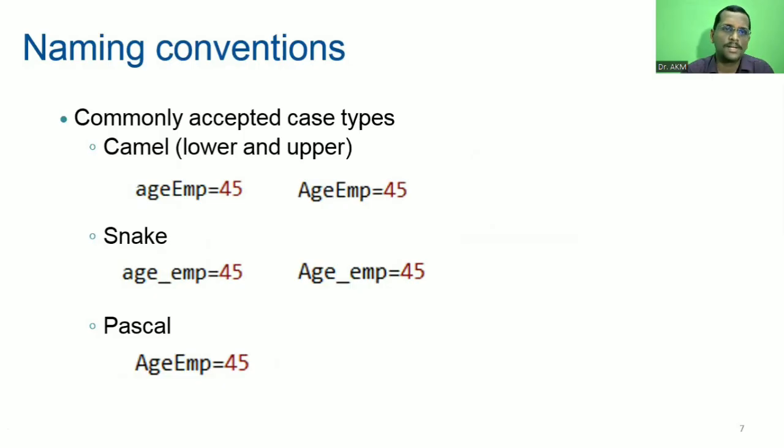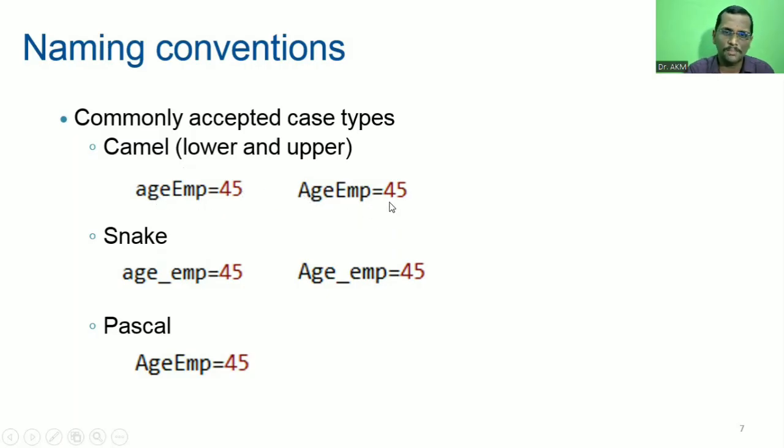Now some naming conventions. Commonly accepted case types are lowercase and uppercase letters. For example, ageEMP is equal to 45. The variable name is ageEMP, where A is small and E is capital. The same with capital AGE: age EMP equal to 45.